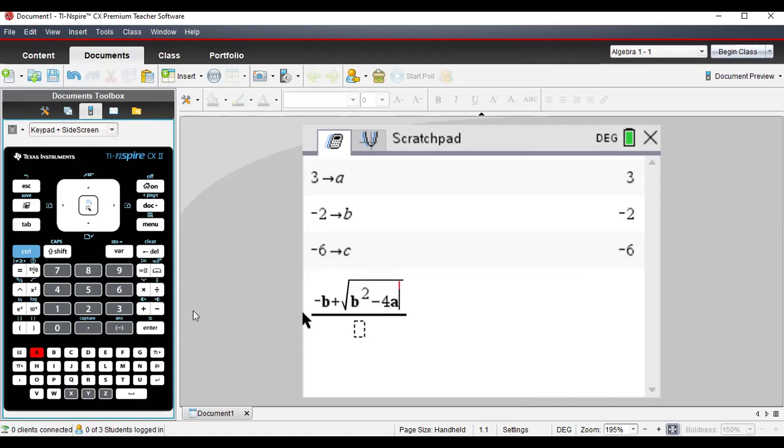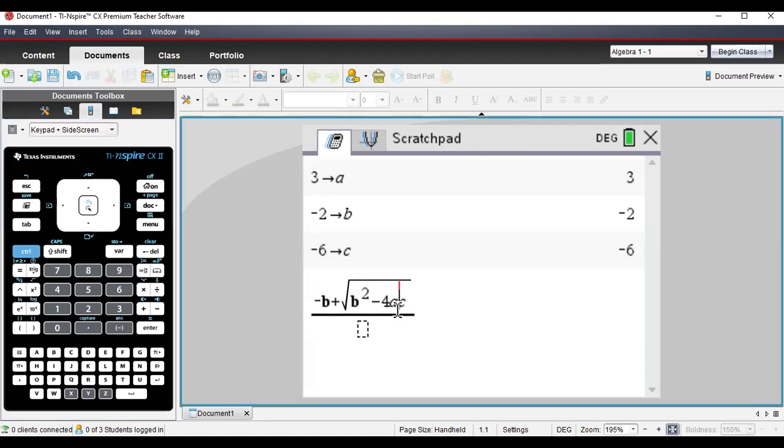Now, I want to make sure that everyone gets this. When you put this AC, you have to put a multiplication between them, because otherwise, if you notice, the AC is not bolded. You see the B's over here are bolded, which indicates that you stored a number, but the A and the C are not bolded because the calculator thinks you're trying to create a new variable called the AC variable.